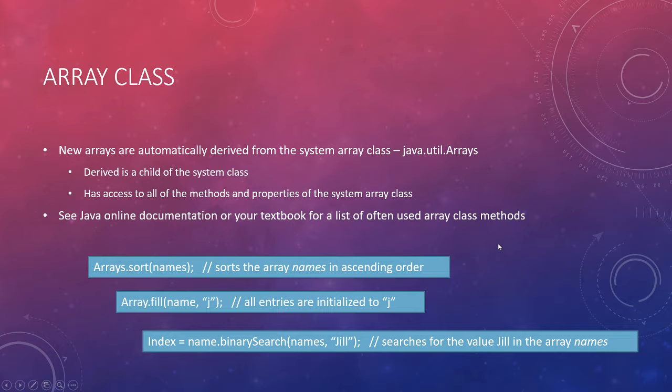You can see your Java online documentation and of course your textbook for some more information on these often used Arrays classes. For example, I could say Arrays.sort and then pass in the name of an array, and that would sort the array that I'm referring to.